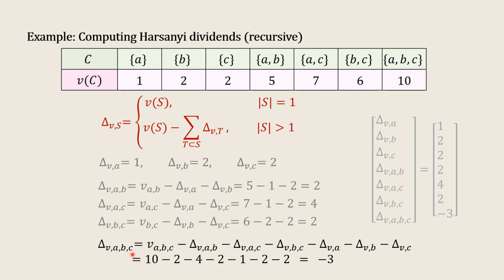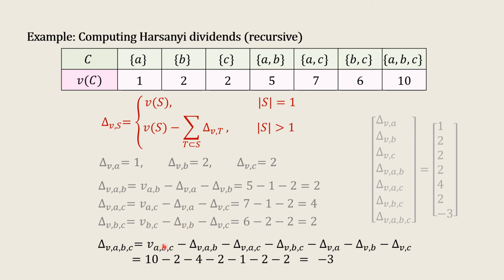Now let's take up ABC. This is S here, ABC, and we'll apply this expression here: delta of ABC equals V of ABC minus the summation over all proper subsets of their deltas. So what are the proper subsets of S? S is ABC, so its proper subsets are AB, AC, and BC, which are of cardinality 2, and we have its proper subsets A, B, and C of cardinality 1.